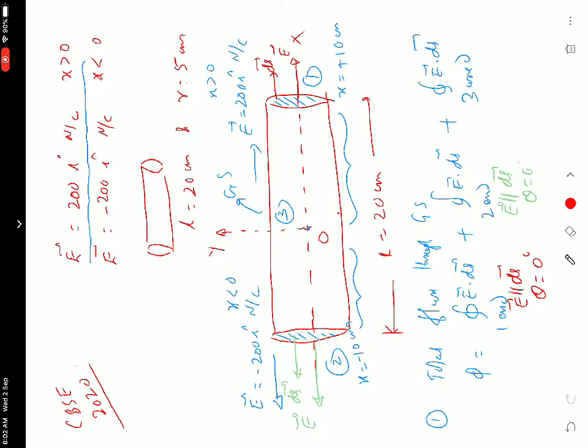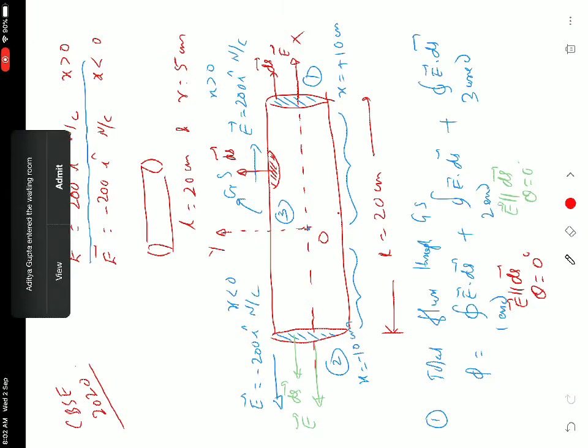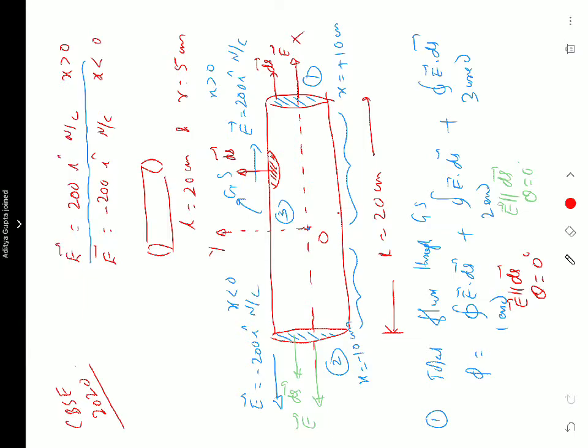Perpendicular. Okay, when I take a small area here, area vector is here, and E vector will be in this direction, so theta equal to 90 degree. So in this arrangement, E vector is perpendicular to ds vector, so theta equal to 90 degree.